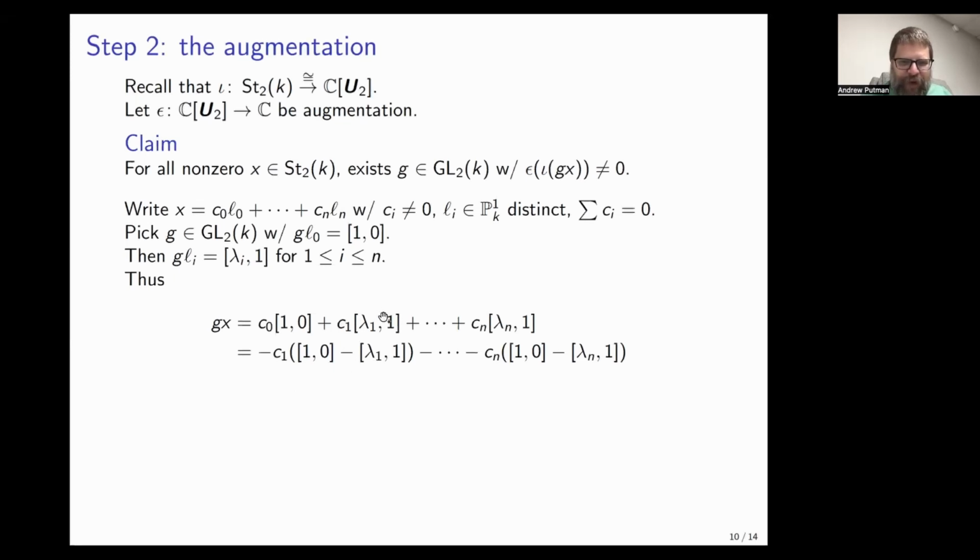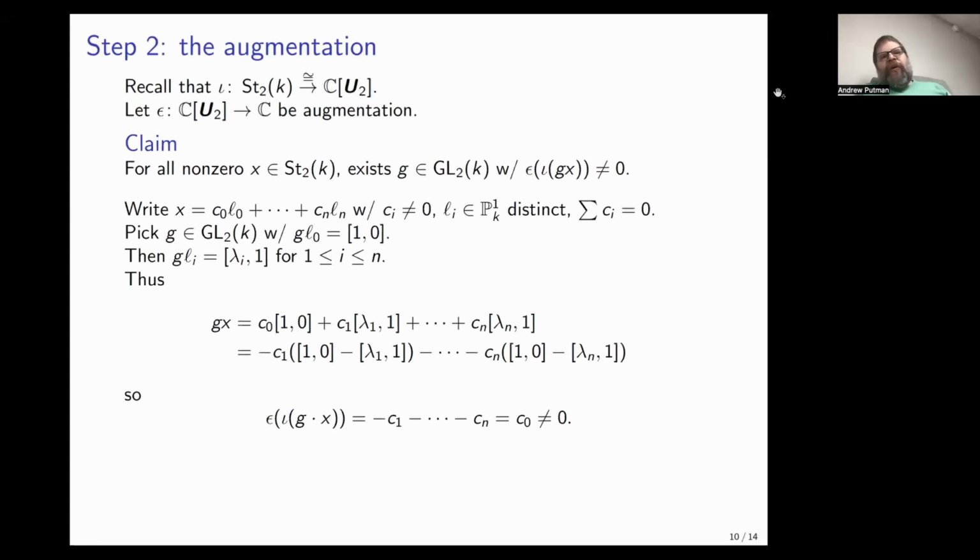So we're just left with c1 (lambda_1, 1) up to cn (lambda_n, 1), but then the coefficient of (1, 0) is negative c1 minus c2 up to minus cn. Well, that's the same thing as c0 because the sum of the coefficients is 0. Okay, that's great. And what do I see then? If I move this over, each of these basis elements becomes a matrix inside U2. The augmentation of it just sums up these coefficients, negative c1 up to minus cn, which is the same thing as c0, which is non-zero.